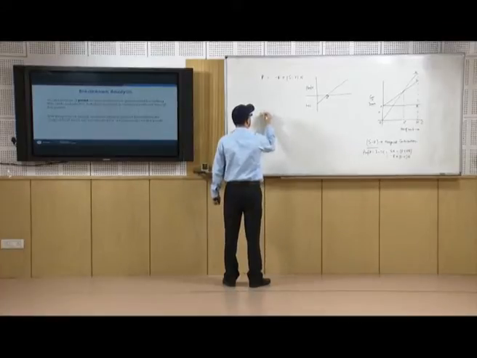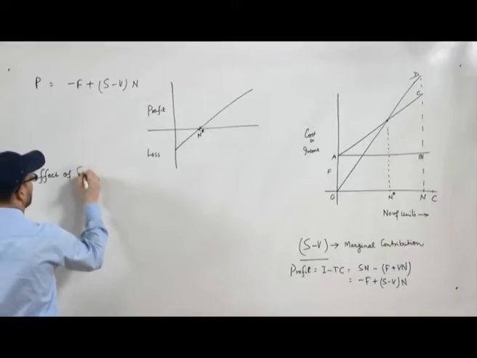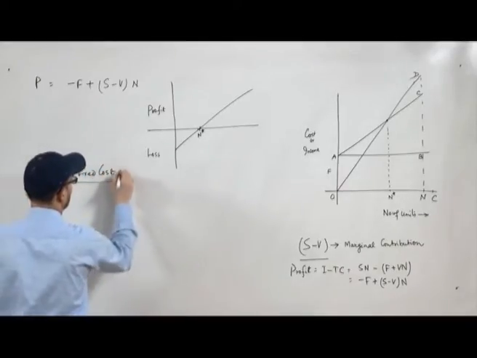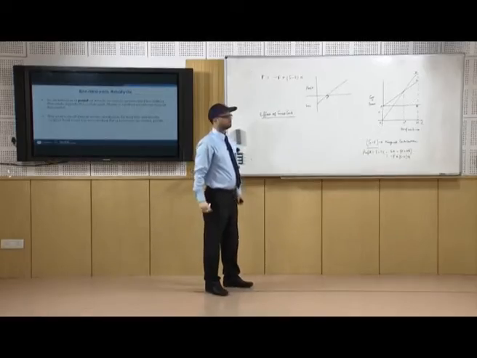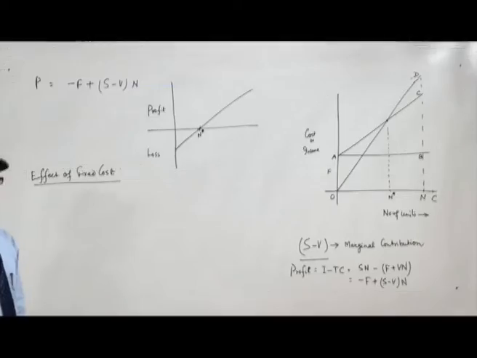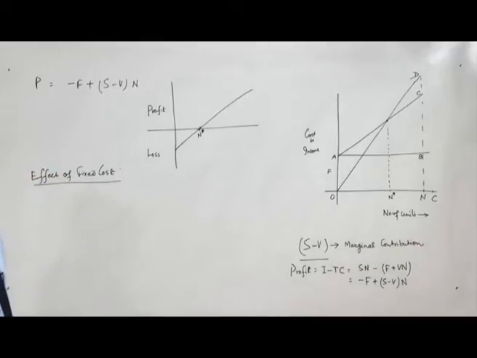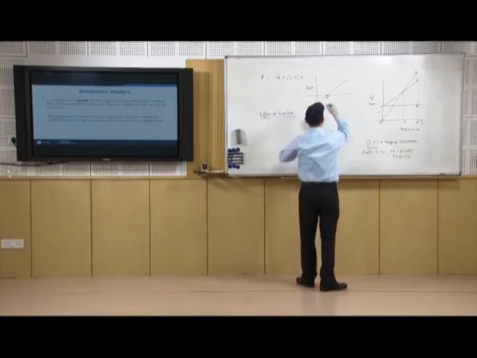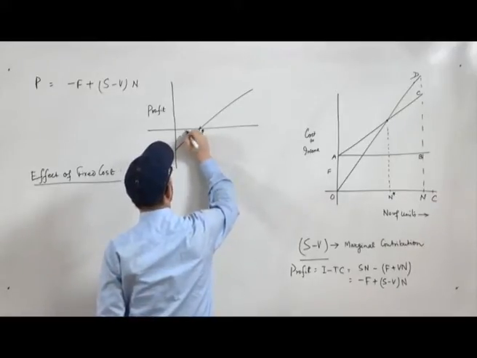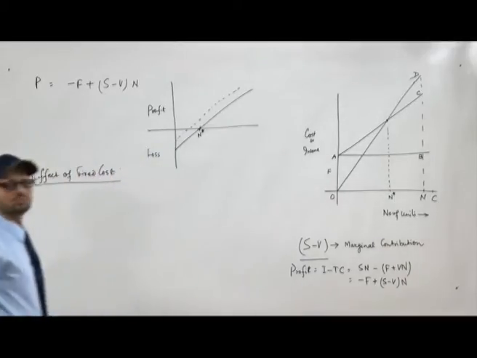Effect of fixed cost. Now, let us see this graph. This is the fixed cost portion. If the fixed cost is decreasing and it comes here and variable cost remains the same, this graph will have this value.